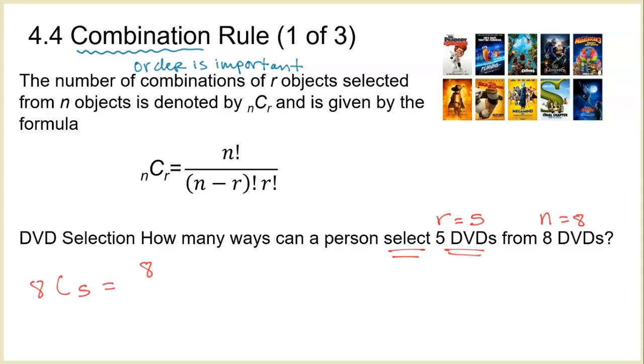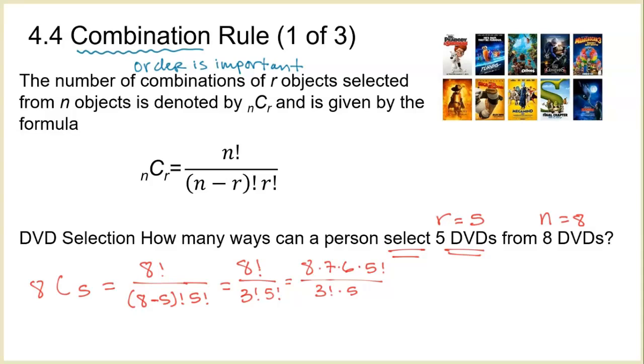And so for this one, very similar setup. We have 8 choose 5, so 8 factorial over 8 minus 5 factorial divided by 5 factorial. We can simplify that as 8 factorial divided by 3 factorial times 5 factorial. And then I still like to expand it out. So in the denominator, we have some choices now.